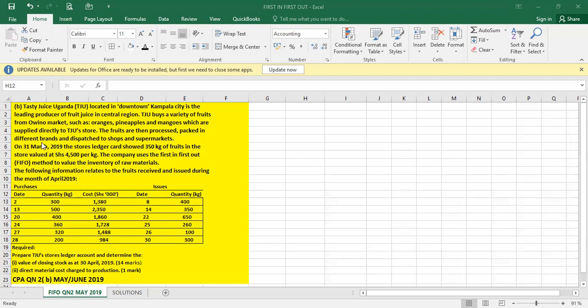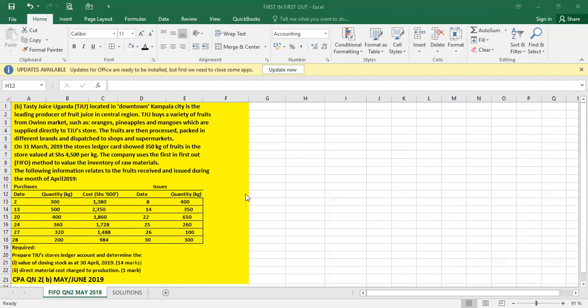It means this closing stock at that time will be our opening stock at April 1st. So the opening stock is 350 kilograms, valued at 4,500 per kg.